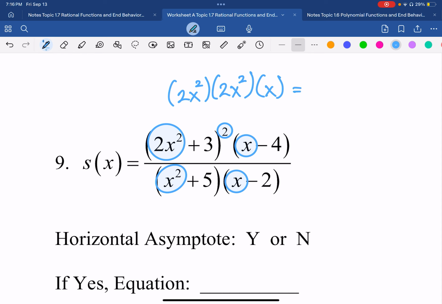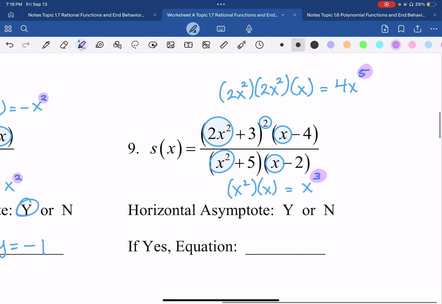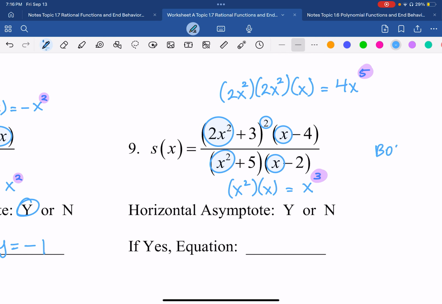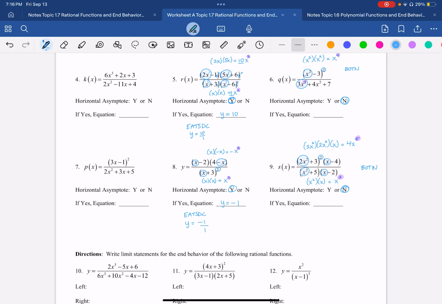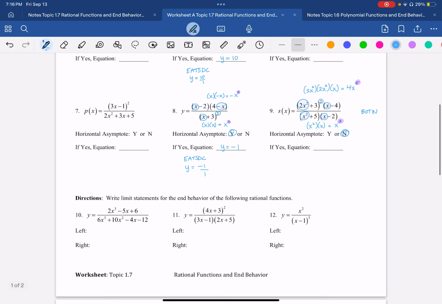So we have 4x to the power of 5, and then we have x squared times x, which would be x cubed. So the degree is 5 in the numerator, 3 in the denominator. This will be bigger on top, so there is no horizontal asymptote there. And then you can try the rest of them by yourself.